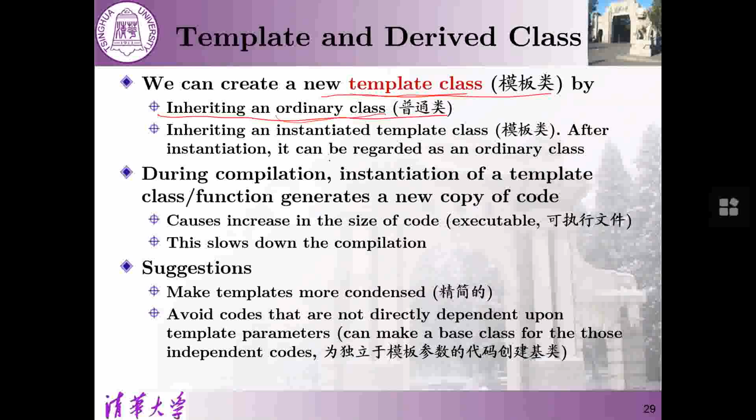That's also possible. Then we can inherit this instantiated template class. This is another way, right? We have mentioned this, right? Because an instantiated template class is an ordinary class. Actually, they are equivalent to each other.